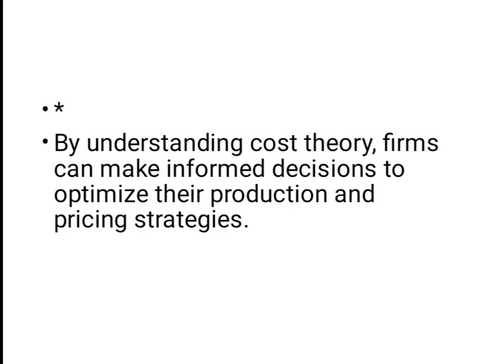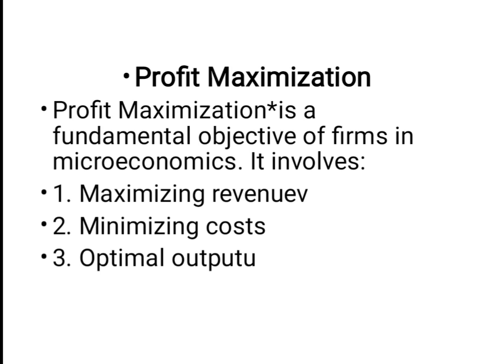We are going to look into scarcity and what that is, whereby people will buy a product at a very cheap price, but when they see that that product has got the demand, they raise the price. Why? Because we are in business to maximize the profit. So it involves maximizing revenue, minimizing costs, and optimal output.